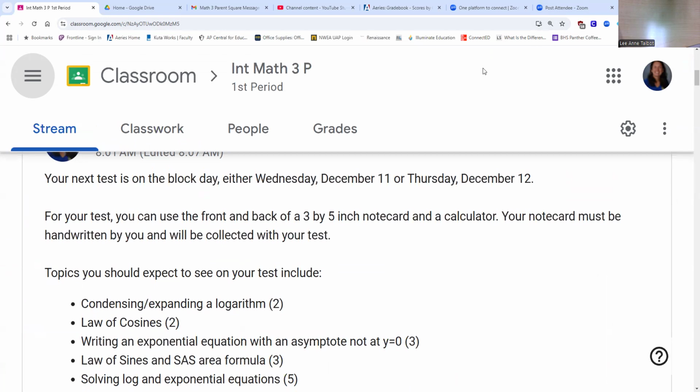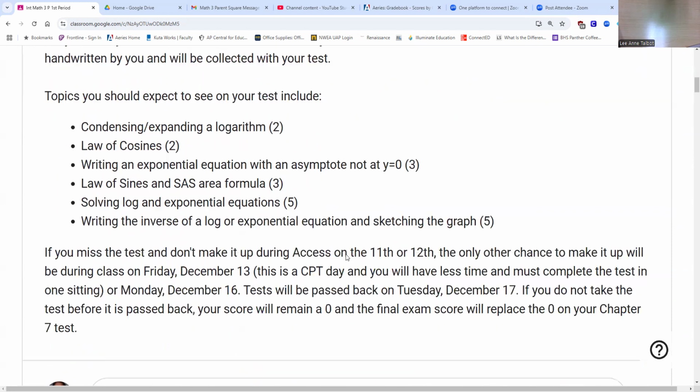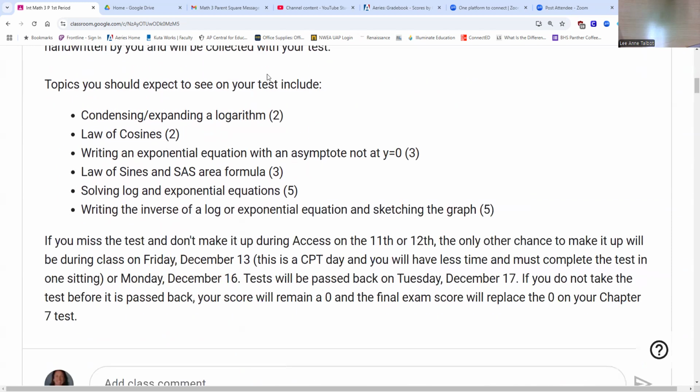Okay. Now, these are the topics. So remember the 2-point topics at the beginning are the multiple choice, law of cosines and condensing, expanding a log. The 3-point questions, the middle one, writing an exponential with an asymptote not at 0, law of sines and finding the side area formula.